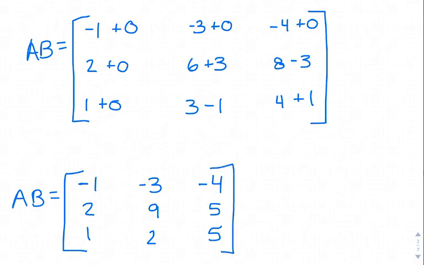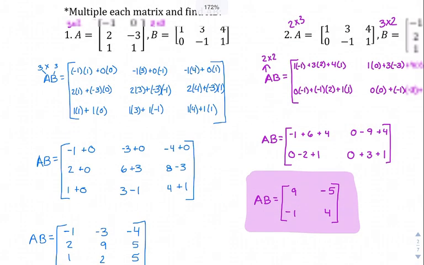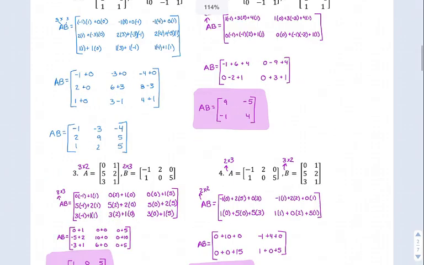So that would be my answer. So just in case you're finding AB for each, but if you look at number 2, that turns out to be a 2 by 2. So make sure you know how to tell when it's a 3 by 3 or a 2 by 2.